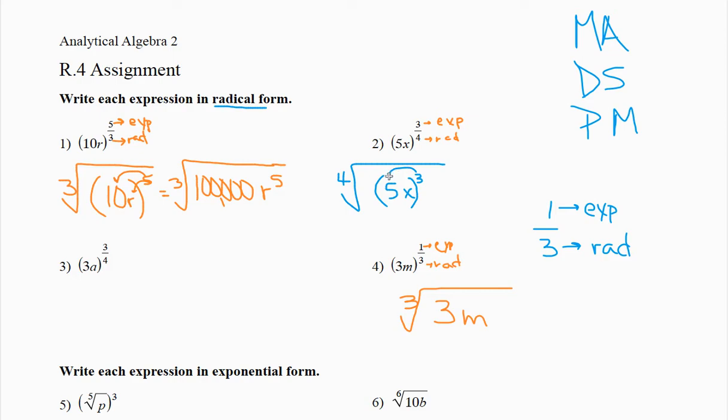So I'm going to distribute my 3rd power. That's not 5 times 3, which is 15. This is 5 times 5 times 5, which gives me the 4th root of 125x to the 3rd.